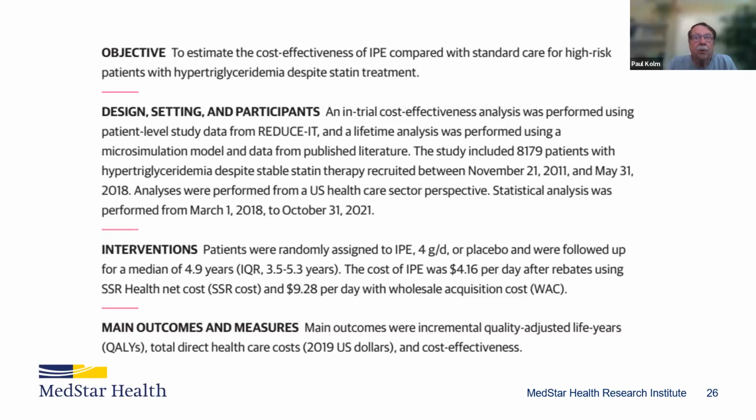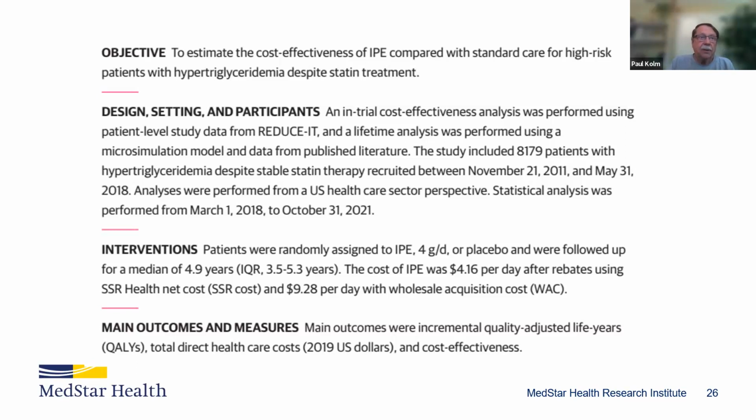Then we used the wholesale acquisition cost, or WAC, or the Red Book cost, which is over twice the SSR cost, $9.28 per day. So basically, with the SSR cost, you're looking at $1 and some per pill. With the WAC cost, we're looking at over $2 a pill.